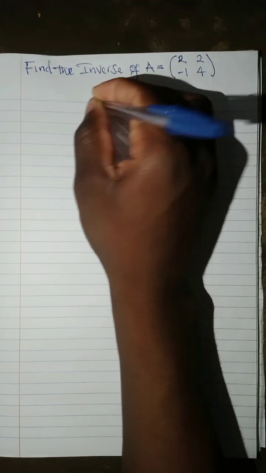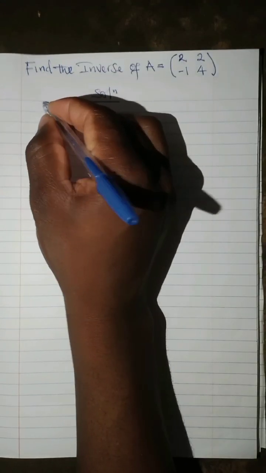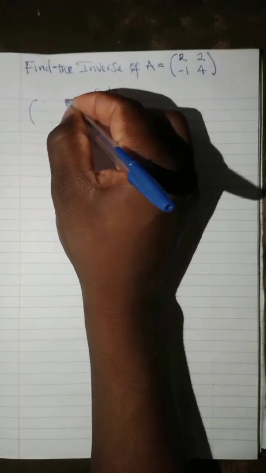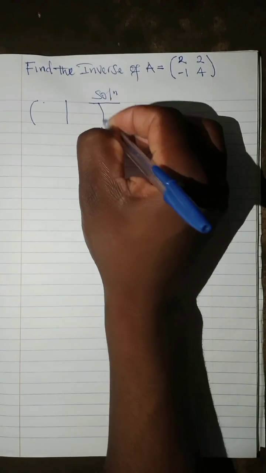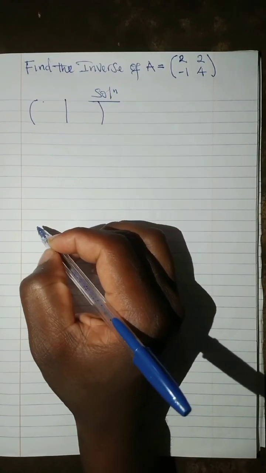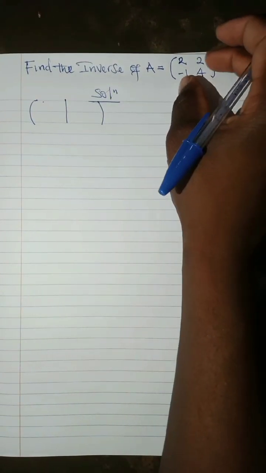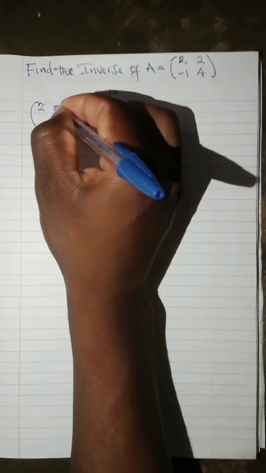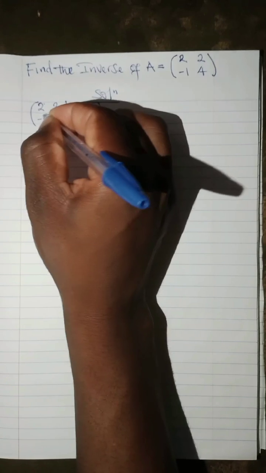We say solution. So I'll write the matrix here, which is 2, 2, -1, 4.